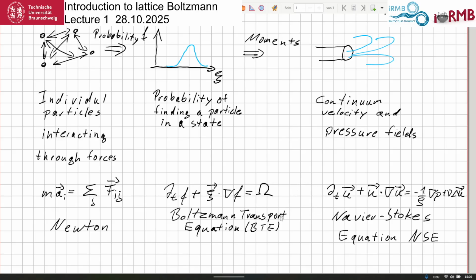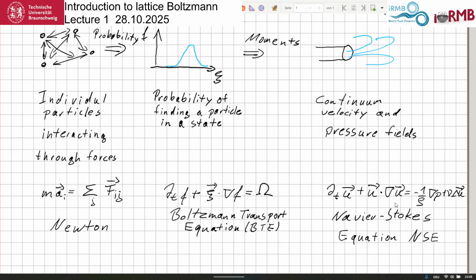The first one is Newton's equation, where you have just forces acting on particles, the interaction between particles: there is a particle I and particles J, and they act with forces. On the other end, we describe the world with the Navier-Stokes equation.